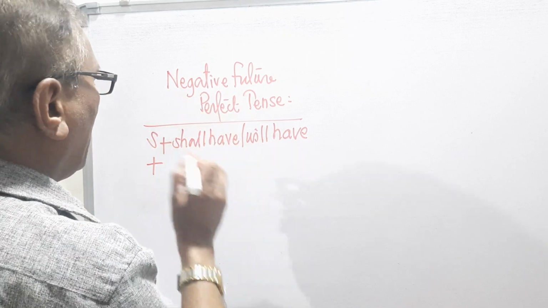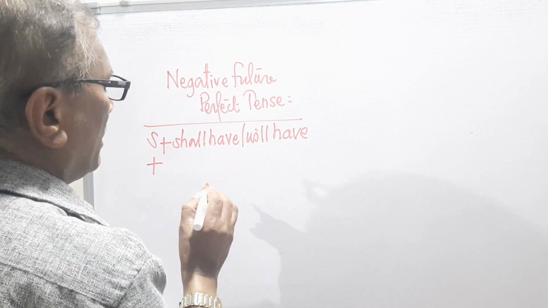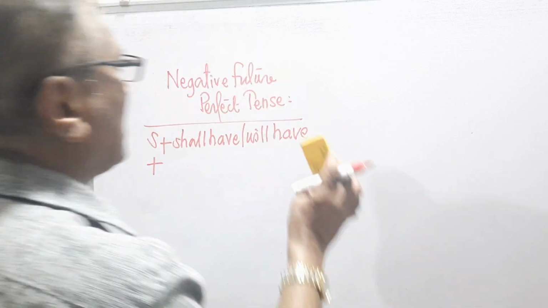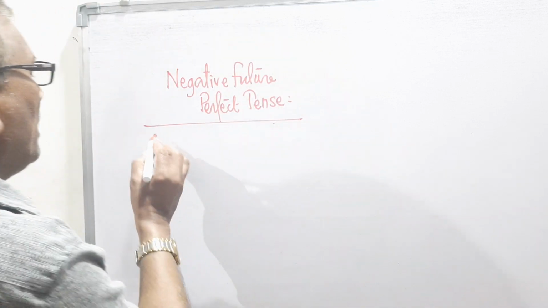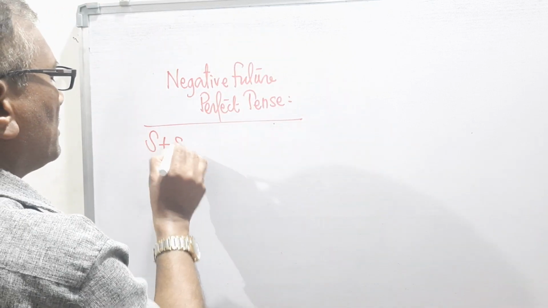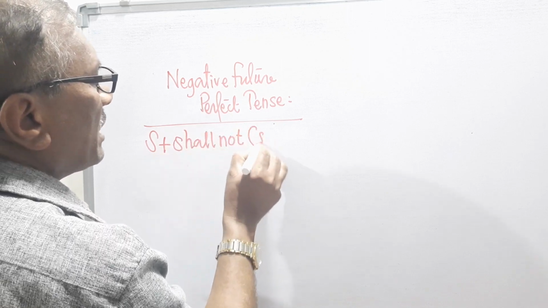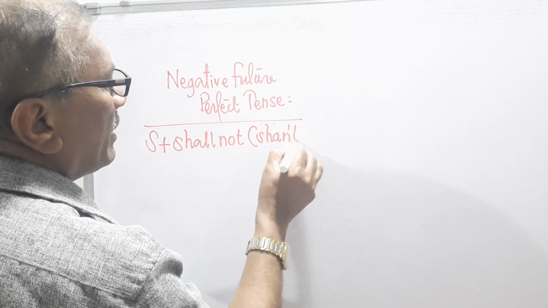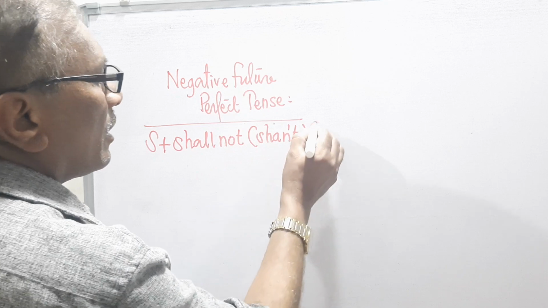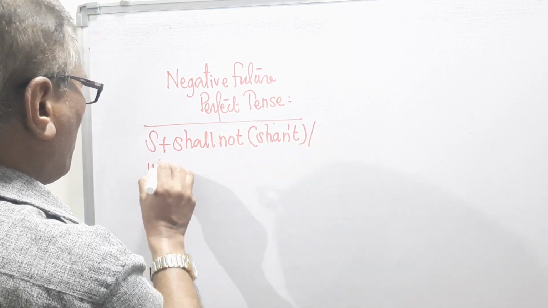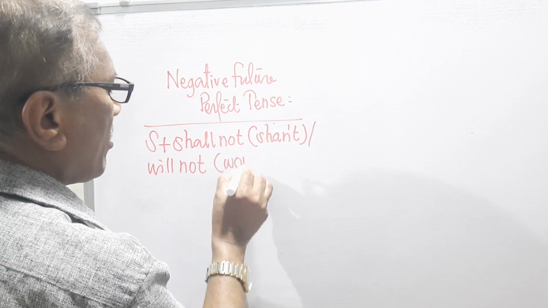We are doing negative, so we can say here not. But my point is that we should take that not here. See, subject plus shall not, that is shan't, or will not, that is won't. Okay.